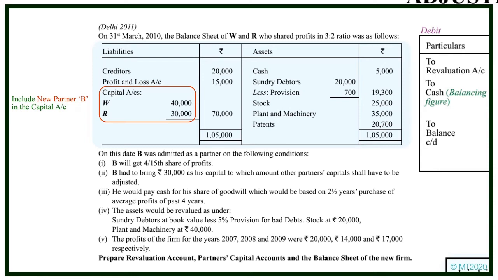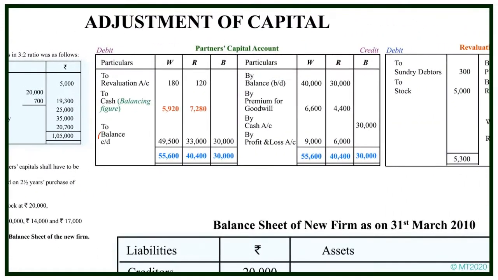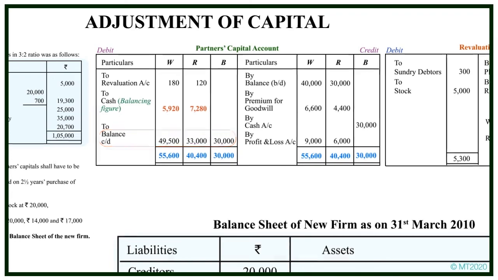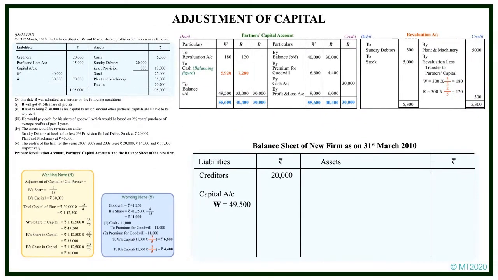Thus, for writing the balances of capital for all the partners W, R and B, we will refer to the balance c/d of the partners' capital account, which is the last item appearing on the debit side of the partners' capital account. W 49,500, R 33,000, B 30,000. So the total capital of the new firm is equal to 1,12,500.